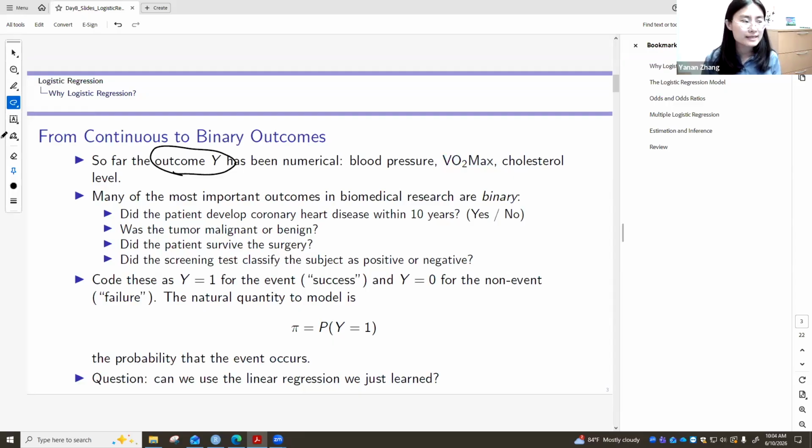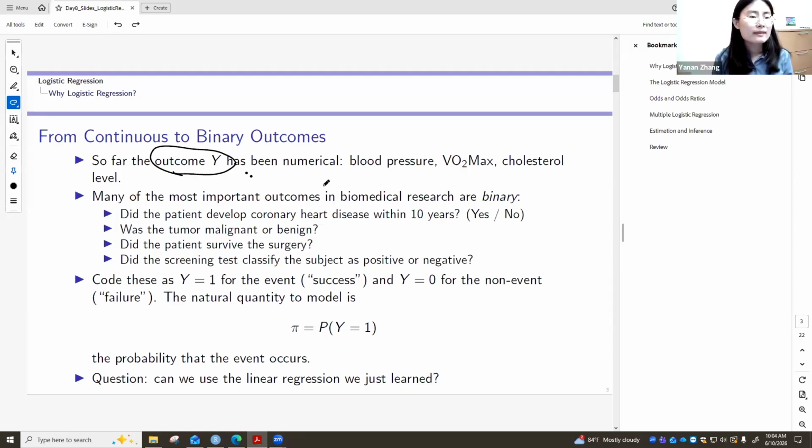For all of those examples, whether blood pressure, VO2 max, or cholesterol, they are all numeric. In other words, they are continuous variables. And we can fit linear regression to study the average blood pressure, the average VO2, the average cholesterol levels.